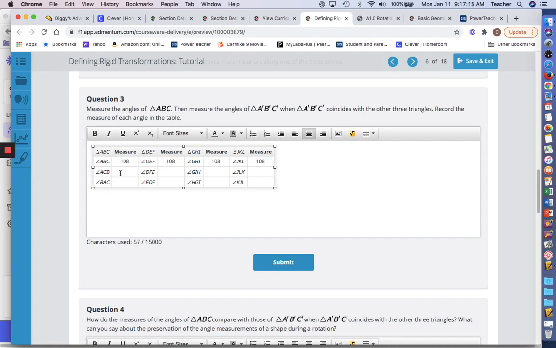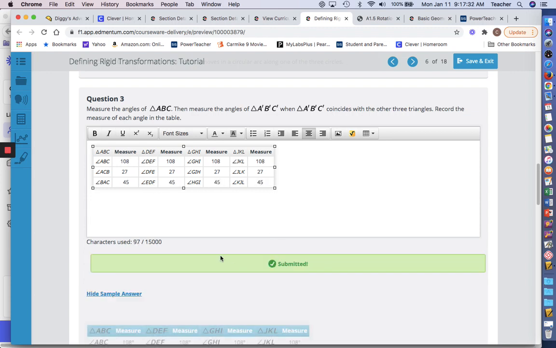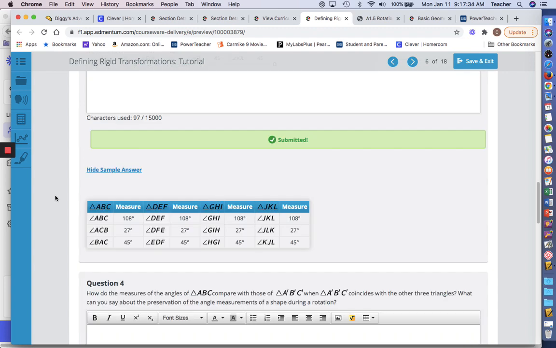Remember, they're all the same. This is a rigid motion, so it didn't change sizes. C was the 27. So 27, 27, 27. And then angle A, that was the 45, I believe. So D is 45, G is 45, and J is 45. Okay, there you go.